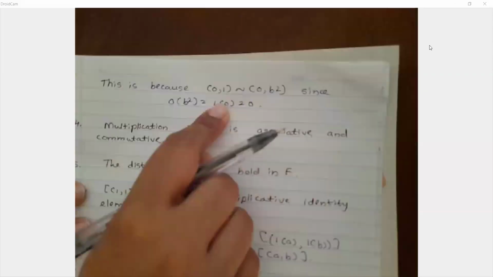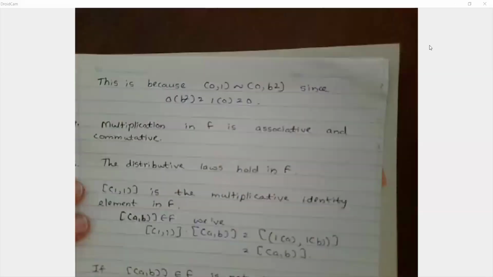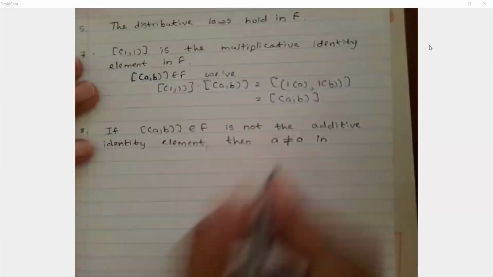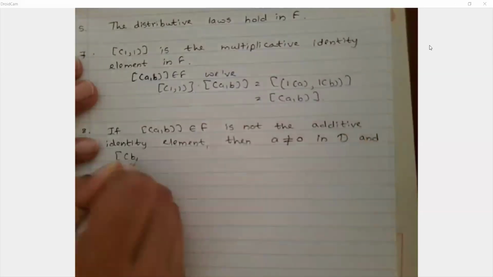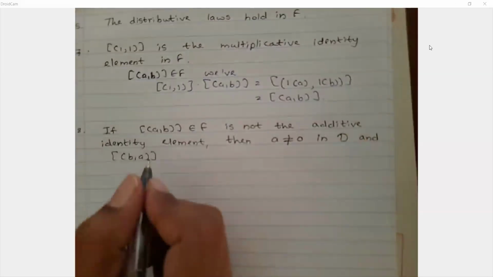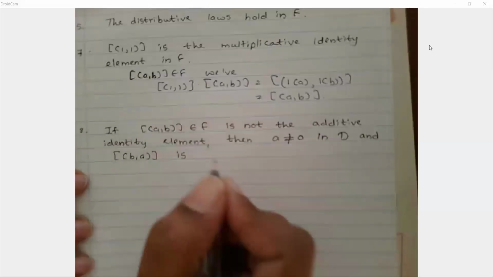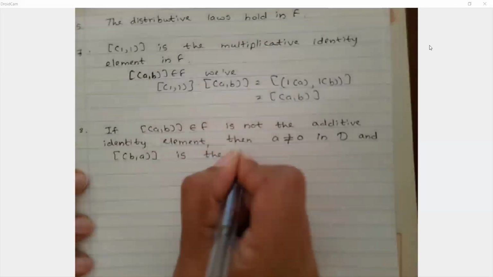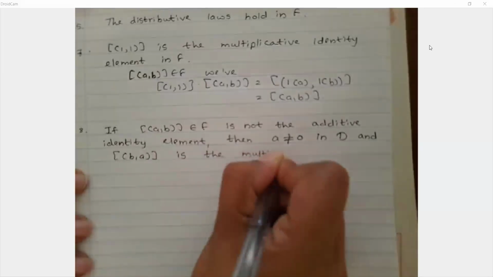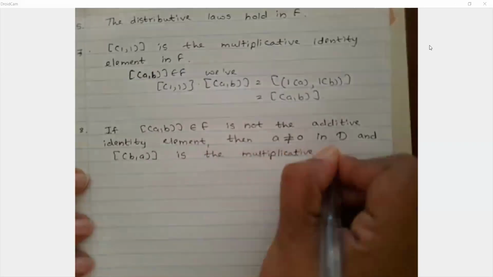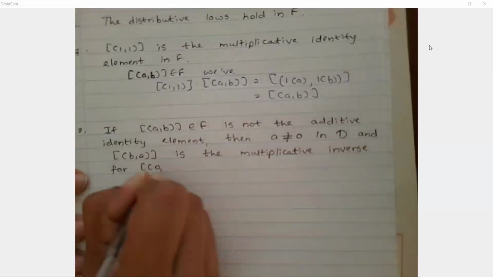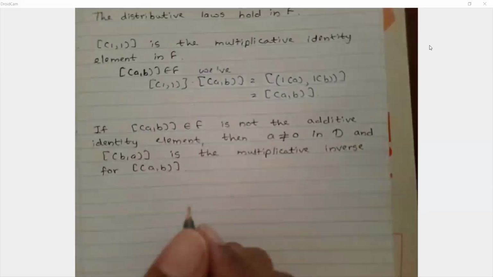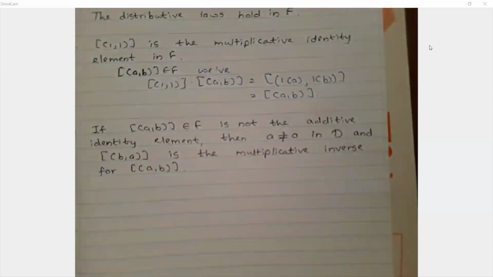As we saw earlier, the first component will always be 0 if it is the additive identity, because the second component will never be 0 in D. And in this case, BA, the equivalence class of BA, an element in F, is the multiplicative inverse for the equivalence class of AB. Right.